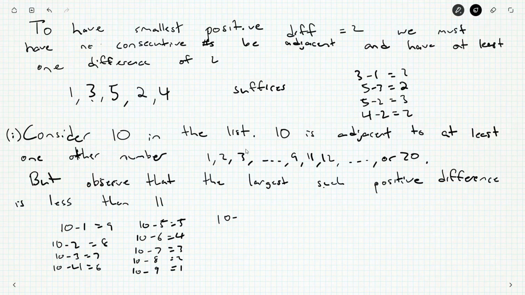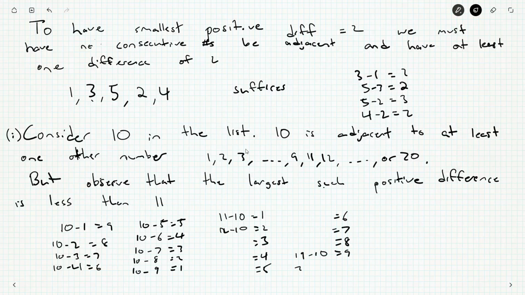And then we get to 11 minus 10 is 1. 12 minus 10 is 2. 3, 4, 5, 6, 7, 8, 19 minus 10 is 9, and we get 20 minus 10 is 10.